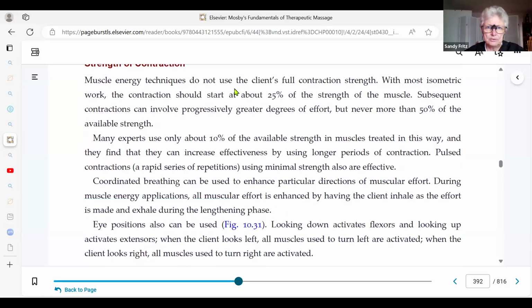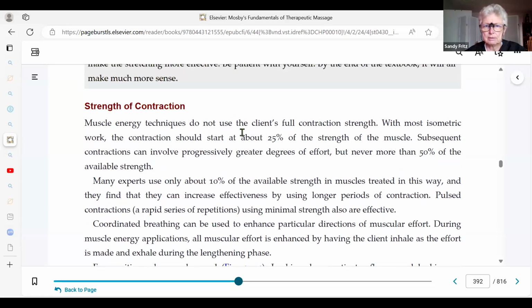Okay, this continues to tell you how you're going to apply these muscle energy techniques. This is not a battle. The contraction that the client provides, the push or the pull that the client provides, is not at maximal strength.